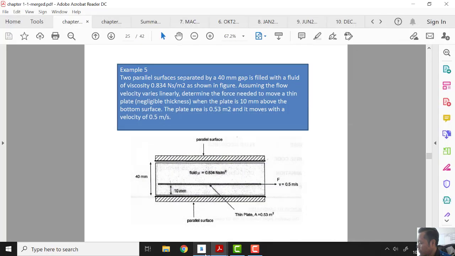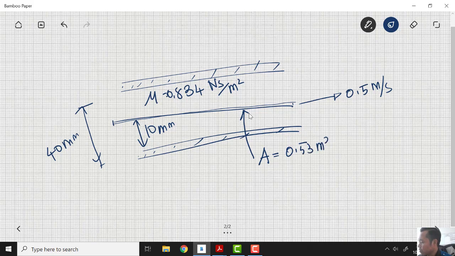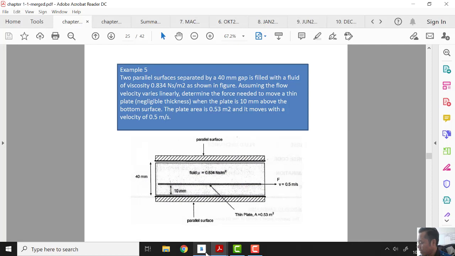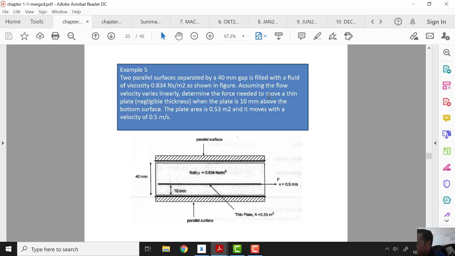And then we have a plate area of 0.53 meter square, the area of the plate is A. And then we have the gaps, and 10 mm above the surface. So the question is to determine the shear force. Shear force is the same question as before lah.